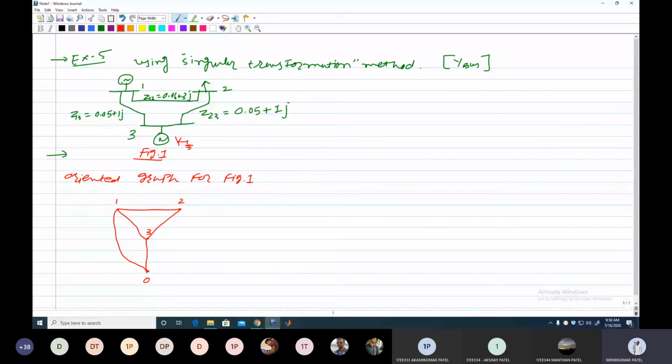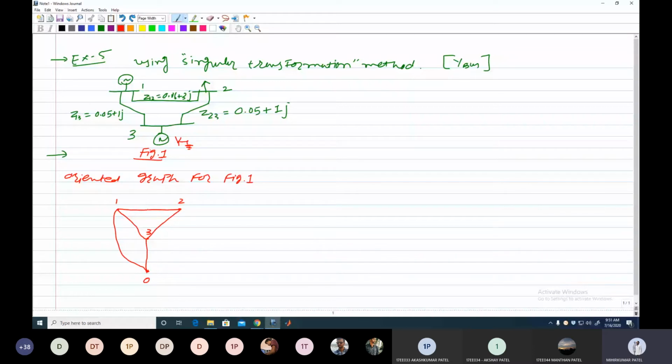Clear? So with this reference, we have considered that our generator is connected at the reference node. There is no generator at bus number 2, so there is no connection between 2 and 0. Clear? So this is your graph.